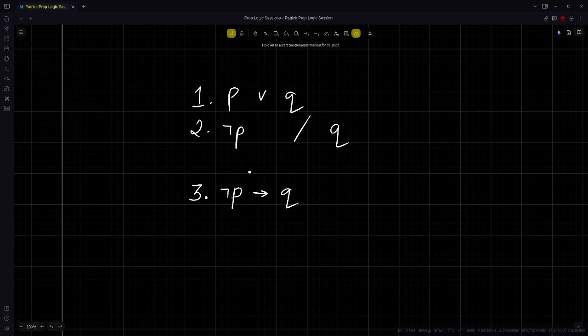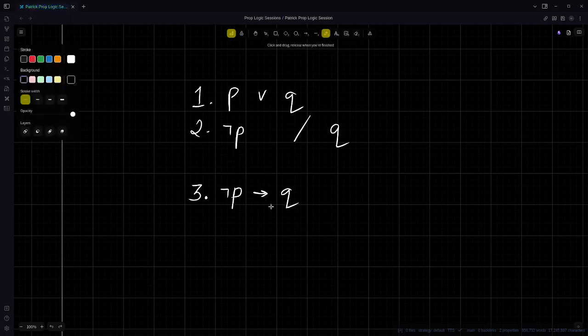Yes, this is correct, but how did you get this? I just did it by visual inspection, really. The normal one is P implies Q, and not P or Q is the equivalent version.